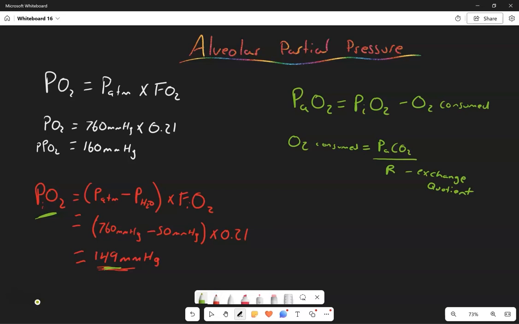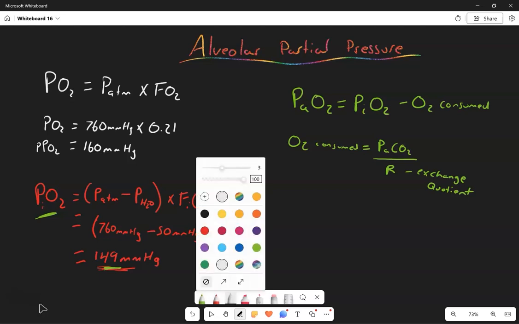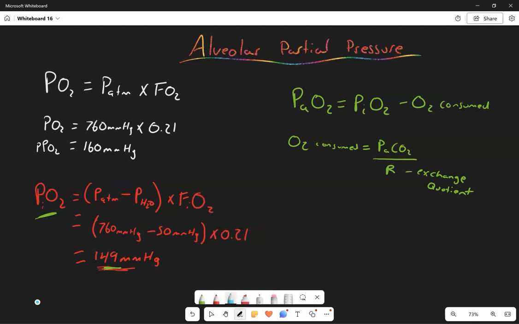So if we then account for all of that, the exchange quotient for an average mammal is 0.8, and a partial pressure of carbon dioxide of about 40 millimeters of mercury.